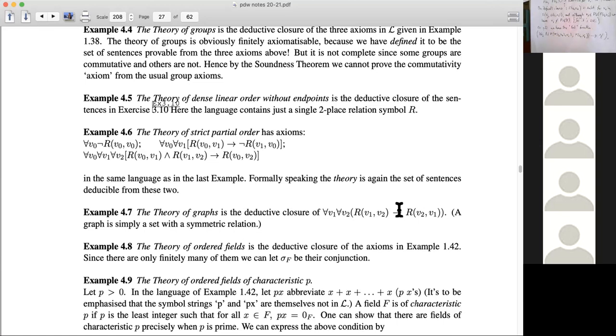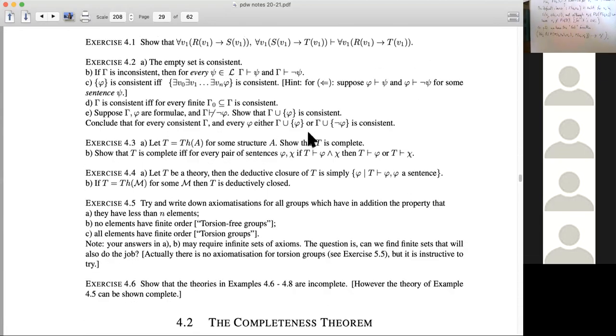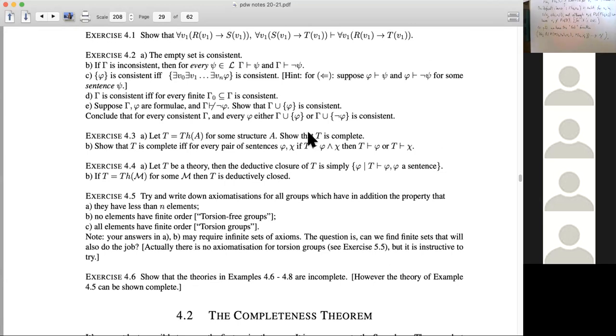So it's training you in use of the word completeness. Just picture in your mind different graphs and find some property that some have and some don't, and write it down in this language. That's how you would approach this question. You can see these exercises are asking you to understand what it means for something to be complete. Here, exercise 4.3.